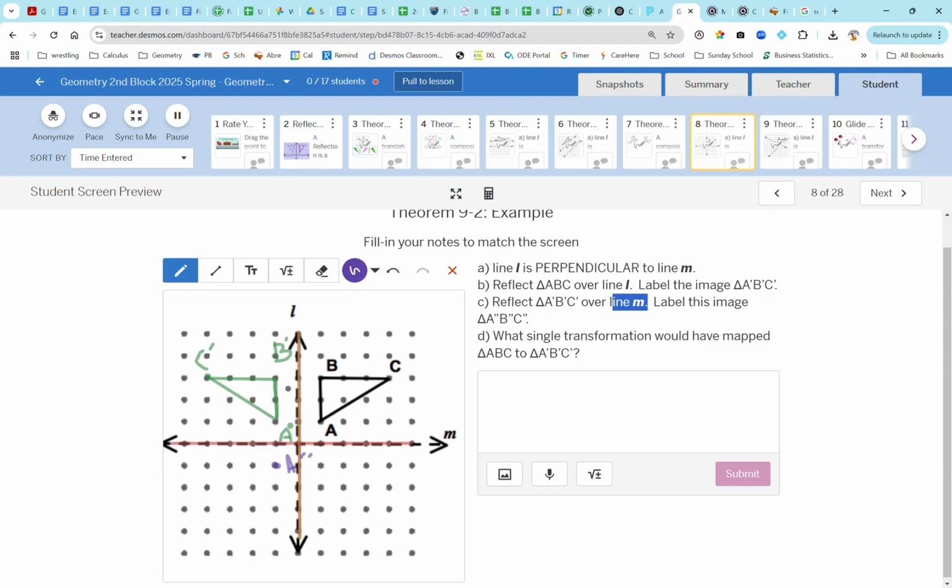B double prime, 1, 2, 3 above, 1, 2, 3 below. C double prime, 1, 2, 3, 1, 2, 3. And C is going to be down here. C double prime. And B double prime.